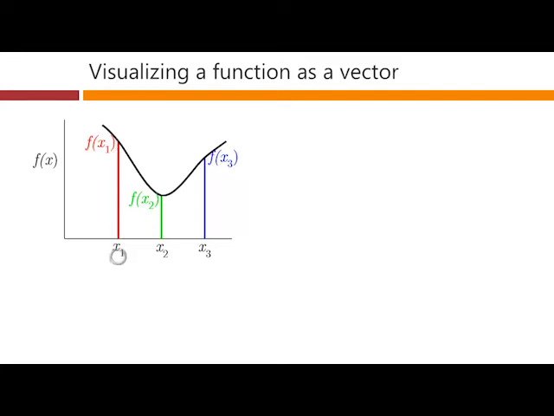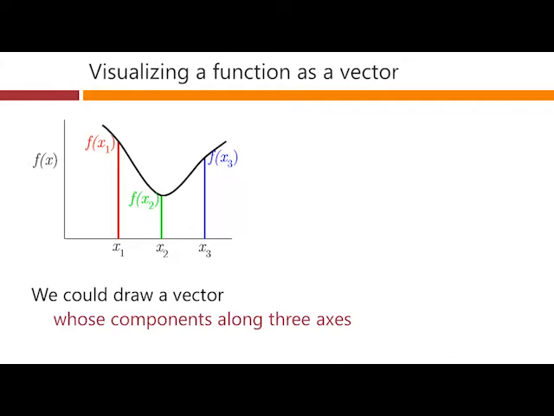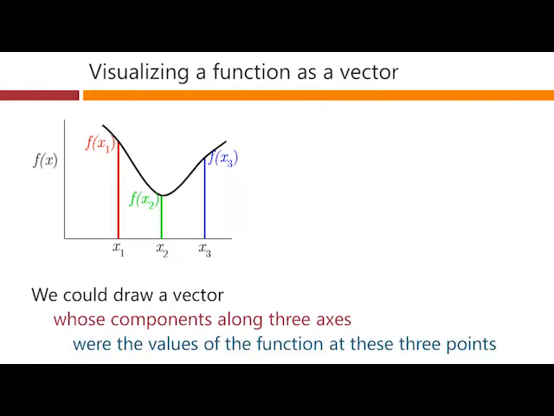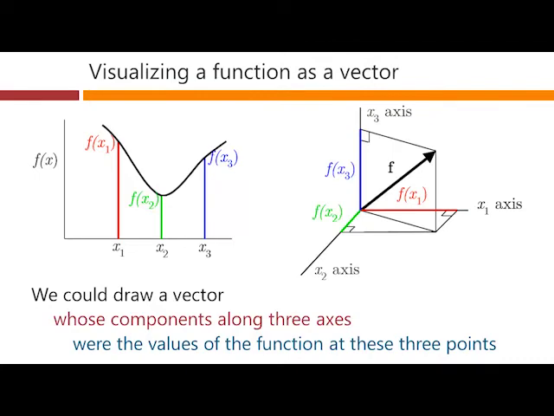So f of x1, so this is x1 here, f of x2, the green one, and f of x3, the blue one. And we could draw a vector whose components along the 3 geometrical axes are just the values of this function at these 3 points here. So therefore, we could draw this vector here.